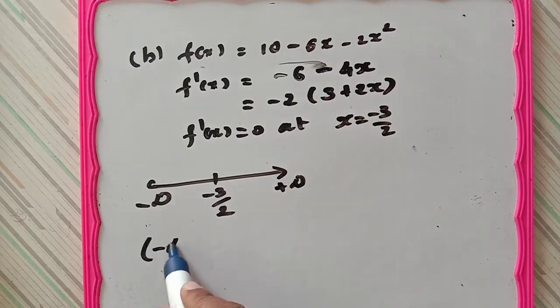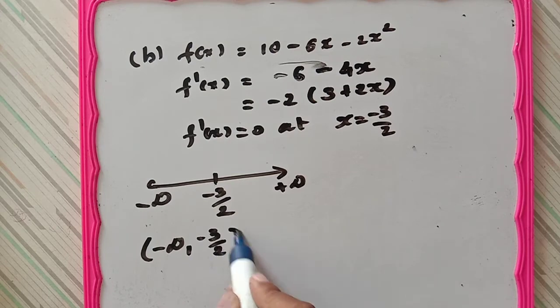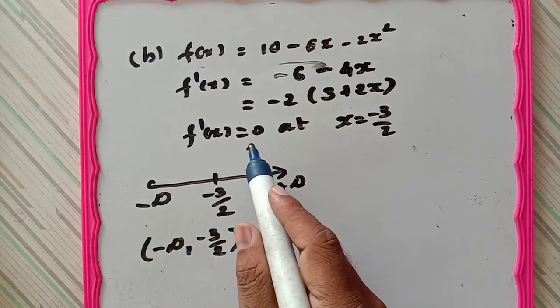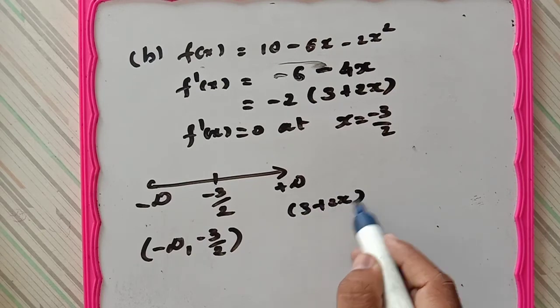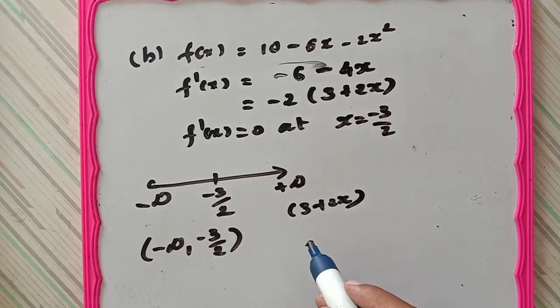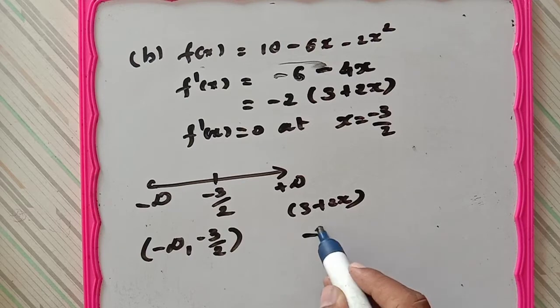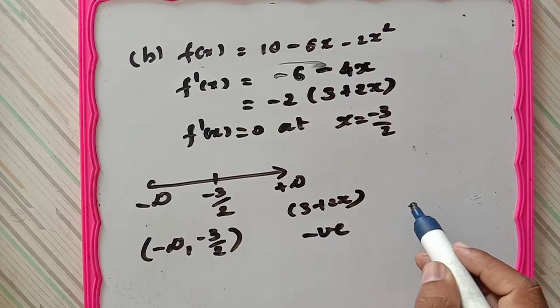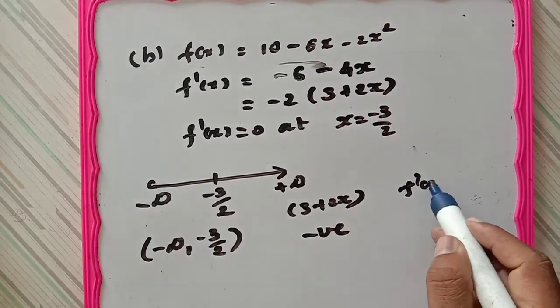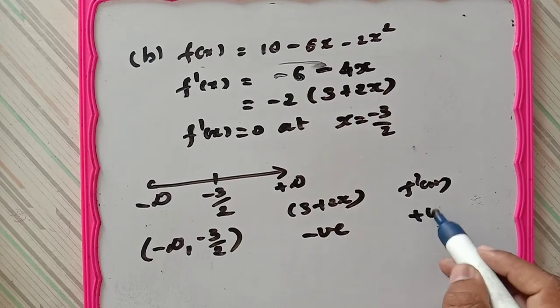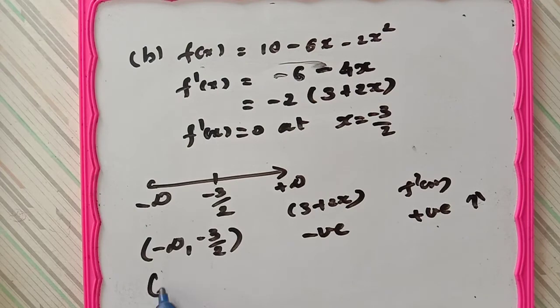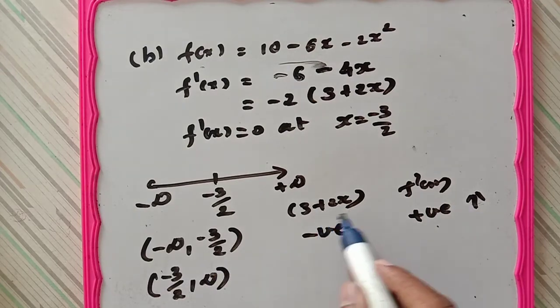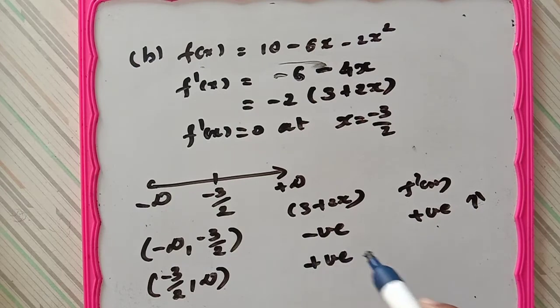So in -∞ to -3/2, we can see that 3 + 2x is the negative function, and so f'(x) will be negative into negative, positive, and so it is an increasing function, while -3/2 to ∞, 3 + 2x is the positive function.